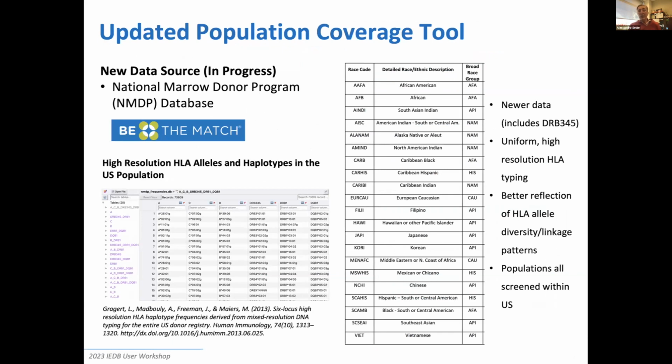And so this will give you a snapshot of everybody living in the US, representing the mixture of different ethnicities you see here that are today captured by the Marrow Donor Program, and thereby represents more of who is actually living in the United States, as opposed to necessarily a previous indigenous population.